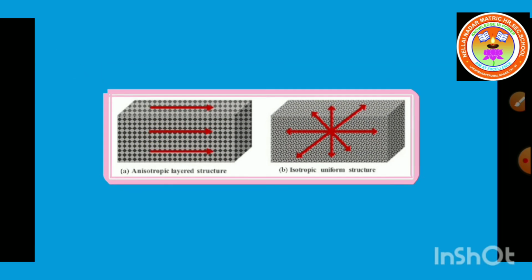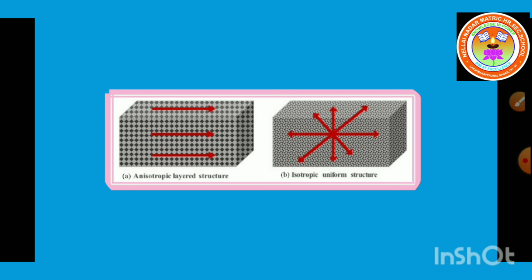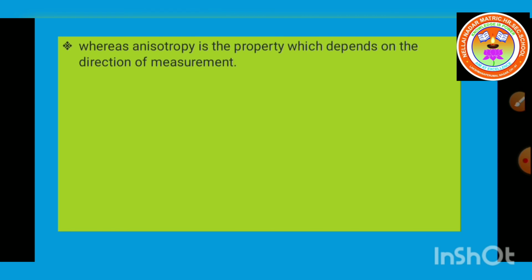Okay, see here. These pictures clearly indicate what is anisotropic and what is isotropic. Anisotropic is a layered structure. In the case of isotropic, a uniform structure. Anisotropy is a property which depends on the direction of measurement, isn't it?